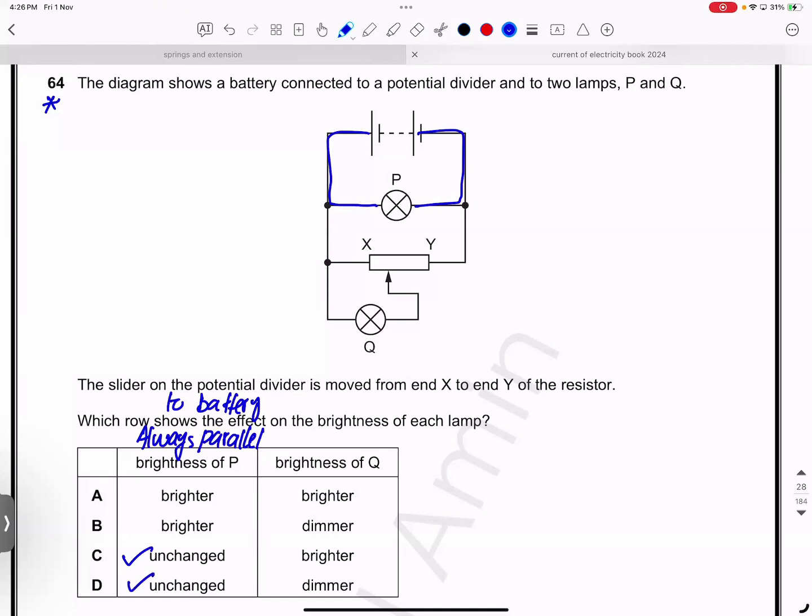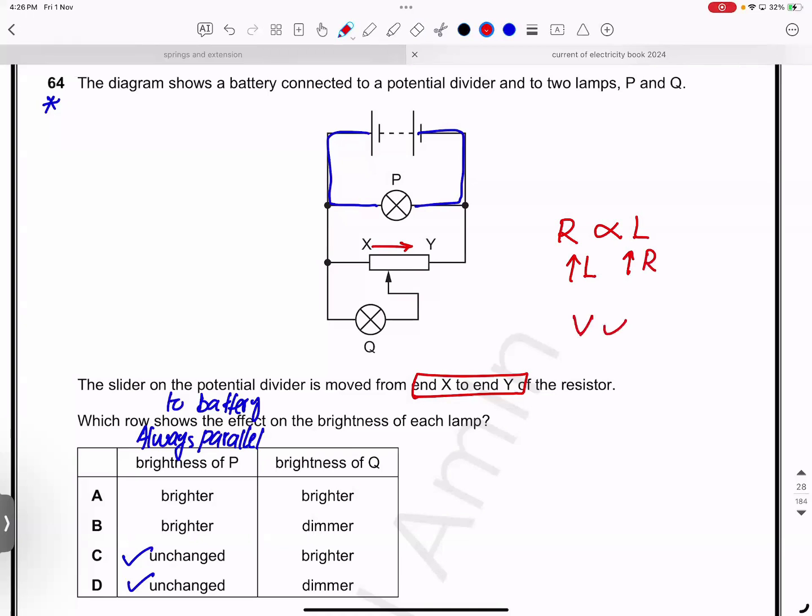Q is having a potentiometer, a sliding contact. The sliding contact is moved from X to Y, meaning this way. You studied with me potentiometer and potential divider that resistance depends upon length. As the length of the sliding contact increases, resistance will also increase.